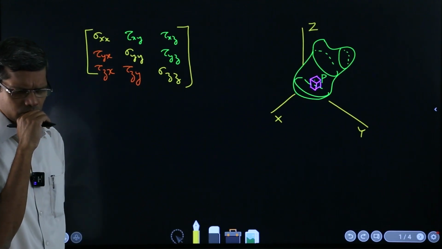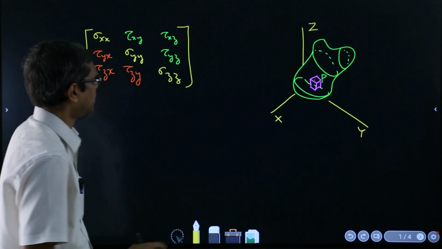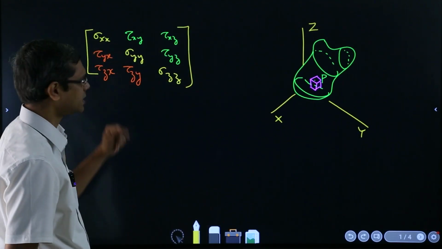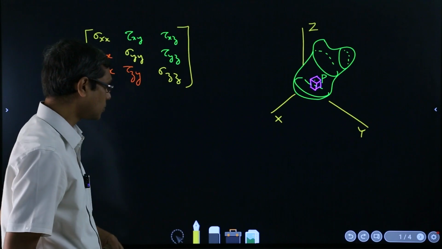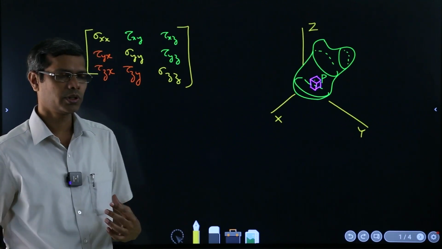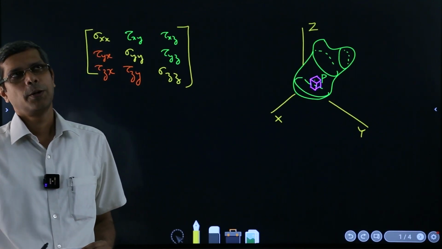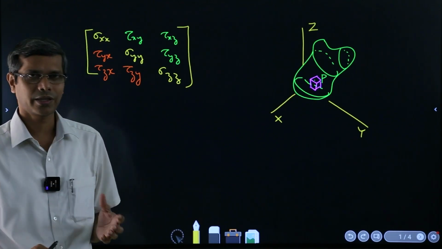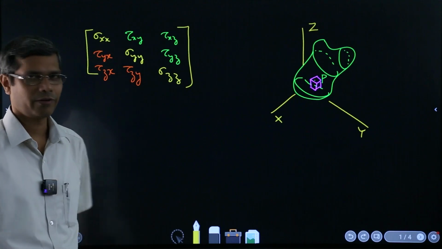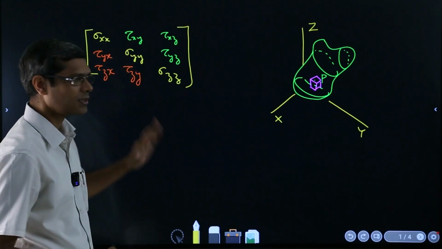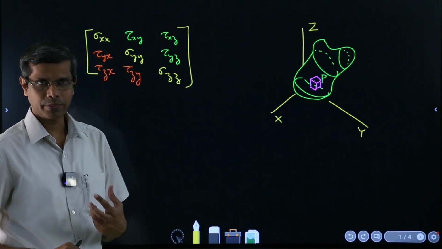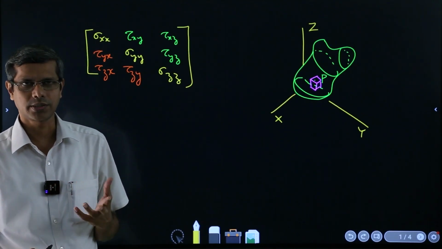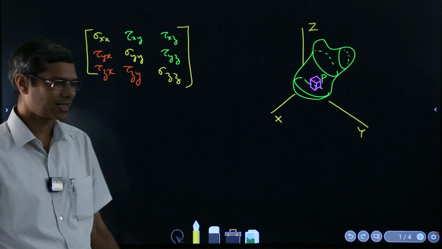But if somebody chooses a different coordinate system, obviously these numbers will change, and so there comes the confusion of when to say that a system is safe or unsafe, because we have discussed earlier that the stresses are the parameters which basically define whether a system is safe or unsafe, right? Not the force but the stress.